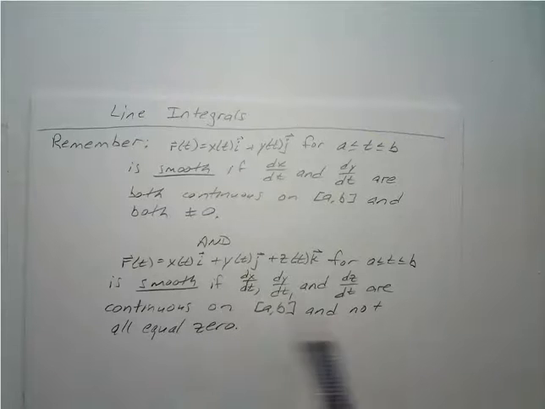That means one can equal 0, 2 of them can equal 0, but all 3 of them cannot equal 0.